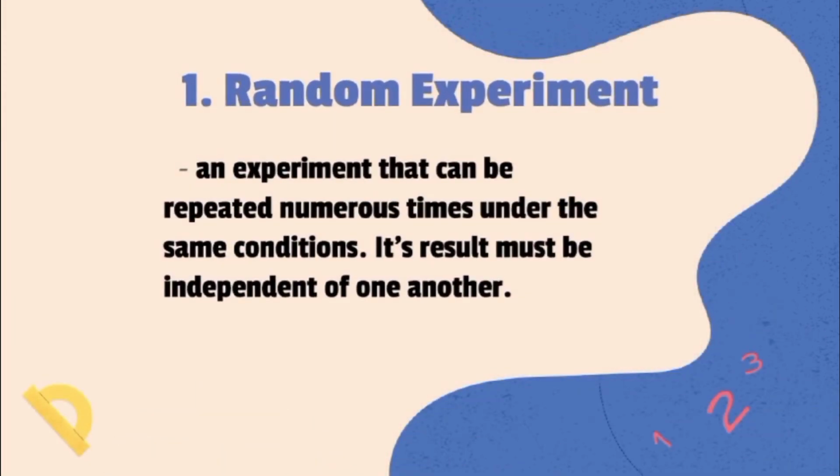A random experiment is an experiment that can be repeated numerous times under the same condition. Its results must be independent of one another. In particular, a random experiment is a process by which we observe something uncertain. After the experiment, the result is known.